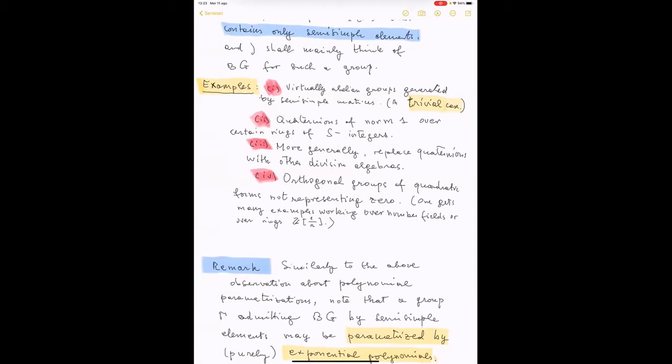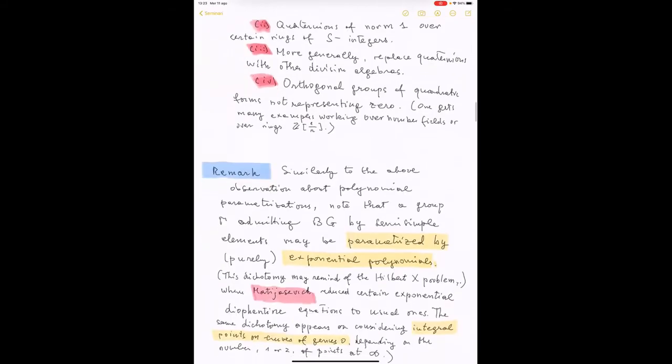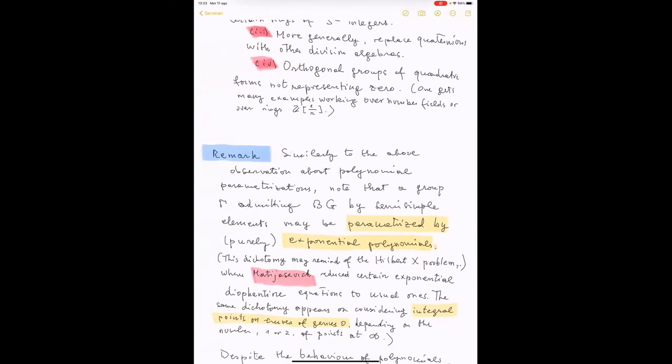Again, here we have only semi-simple elements, and the same holds if we replace quaternions with other division algebras. And then another example I have in mind is the case of orthogonal groups of quadratic forms not representing 0. That is important, and that gives rise to anisotropic groups.